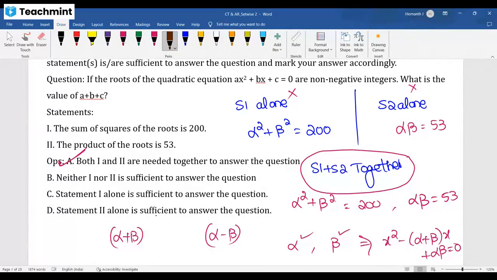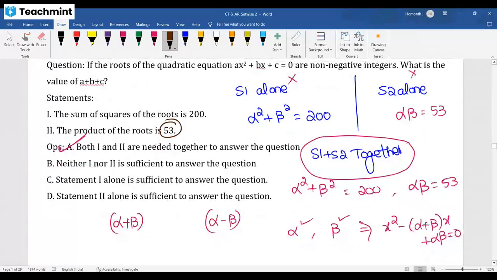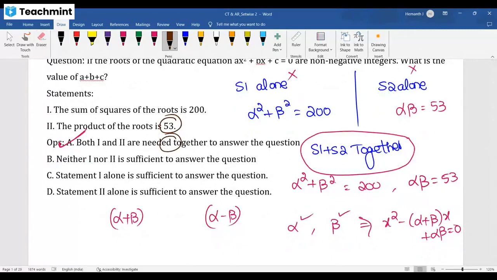If alpha and beta are not integers, maybe there was a mistake while typing or giving the data. Don't worry about it. The approach matters. Maybe it's 54, or some other value. We have to check that. Okay, product is 53 and the given sum of the squares is 200, or it can be 57, or whatever.